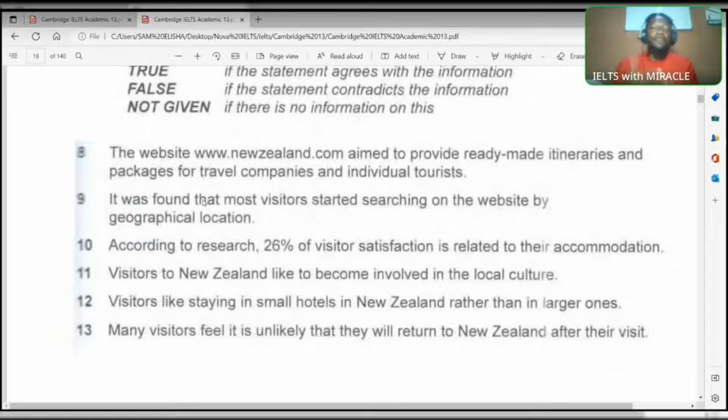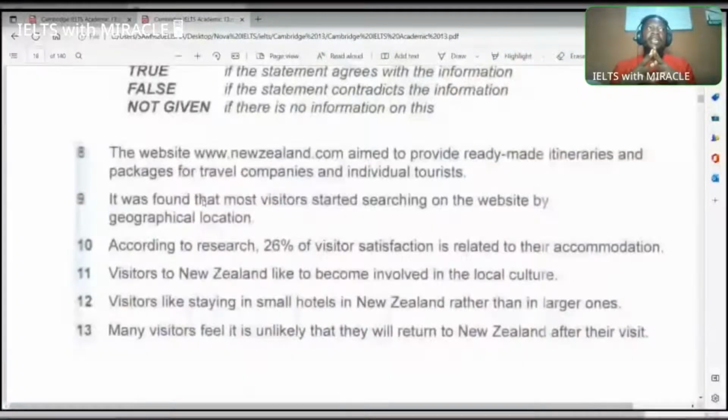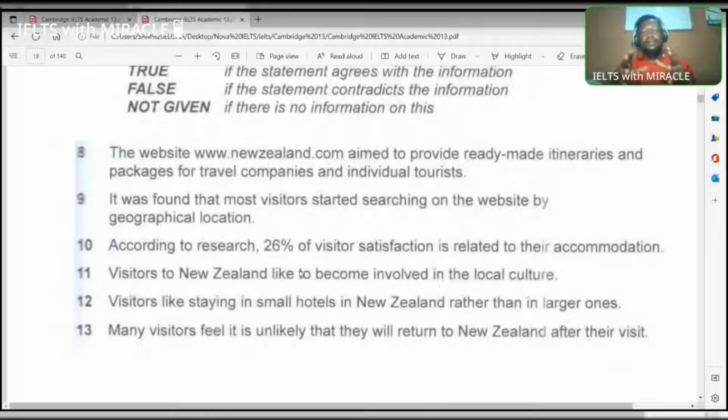Like I've always said, if the statement is true of the passage, what that means is that the keywords in the statement agree with the keywords in the passage.